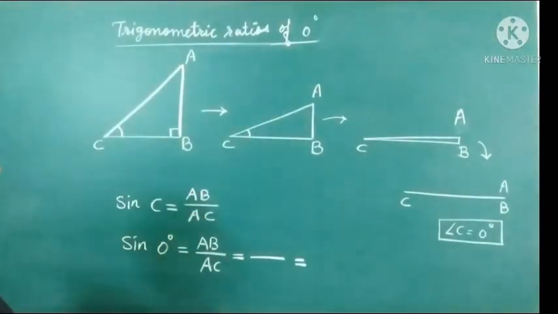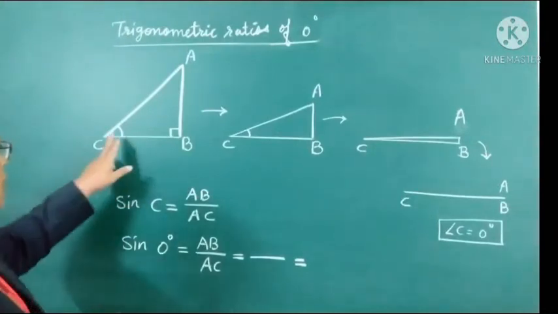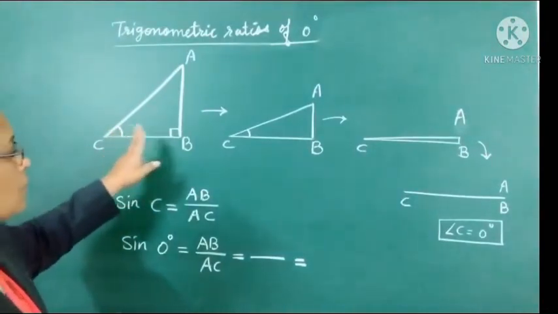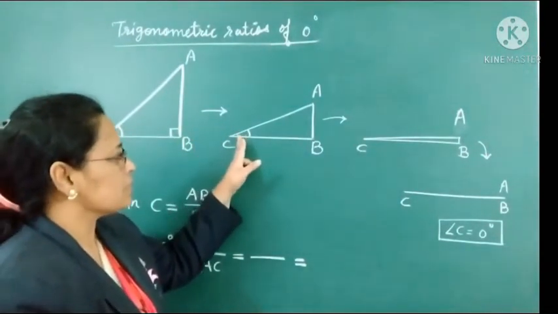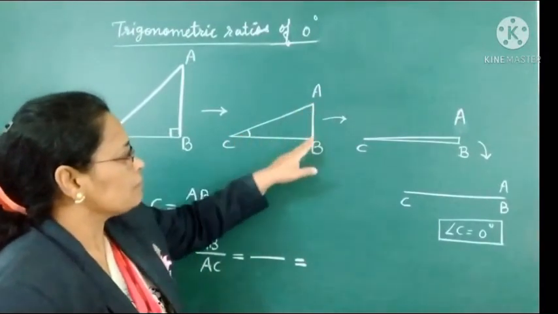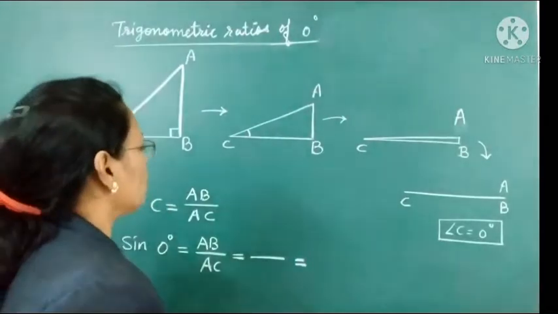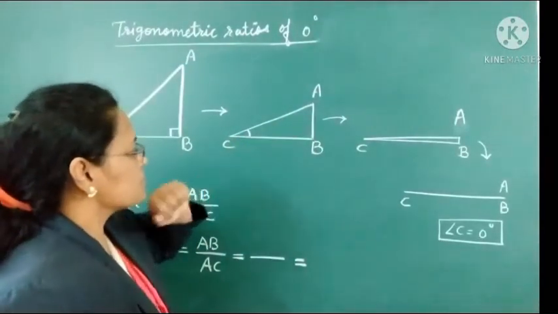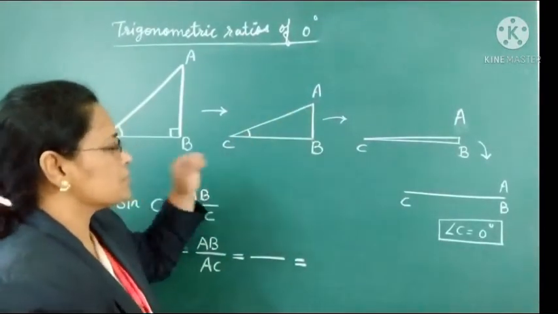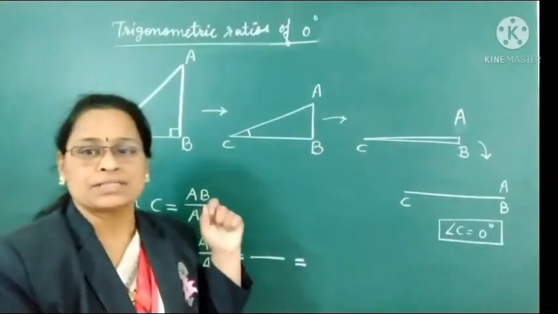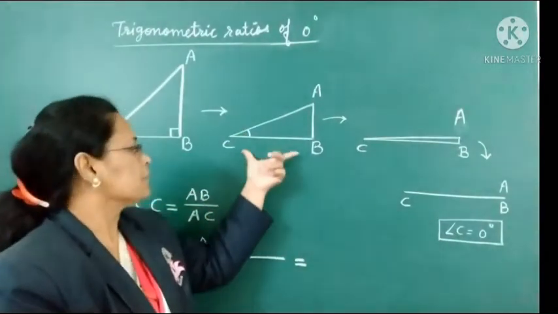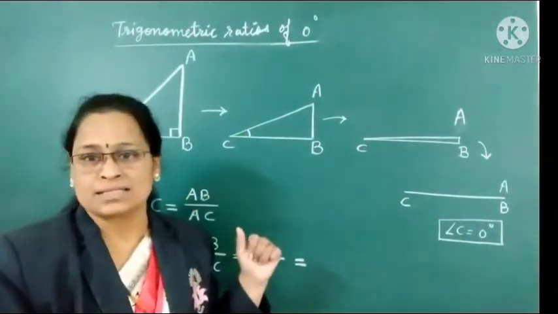And if we reduce this angle C, the length of AB has to be shortened. So this AC will be same, but if AB is reduced, then only we are able to reduce this angle C by keeping this BC and AC same.